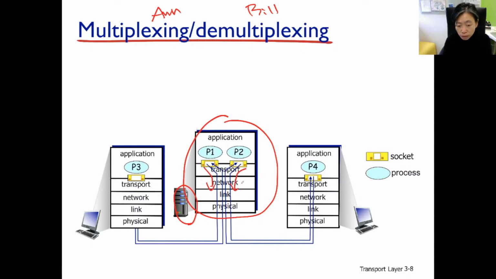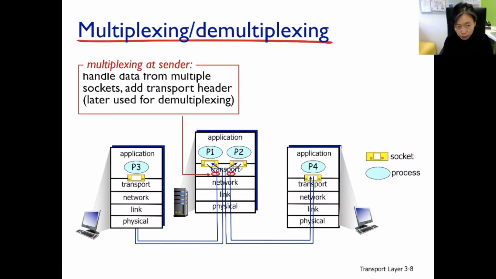P2 is also sending a message out. The transport layer at the server is doing this multiplexing. So this host here, from P1 and P2's point of view, generating these messages, is the sender. So it handles data from multiple sockets, or data from multiple processes.